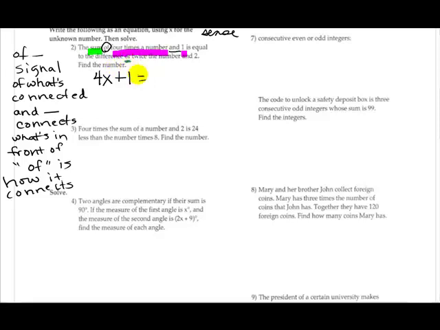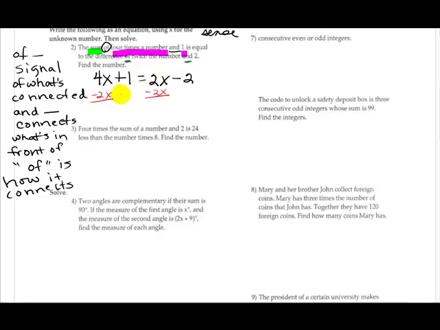There's that of, there's that and. So what is here is connected. How it is connected is in front. So it's the difference of twice the number and 2. Then we need to solve the equation. So I'm going to subtract 2x here and here.